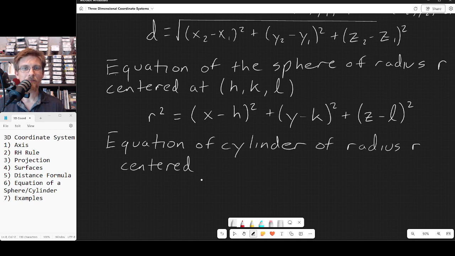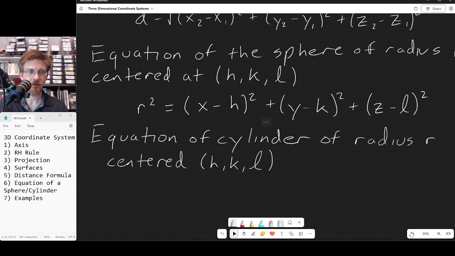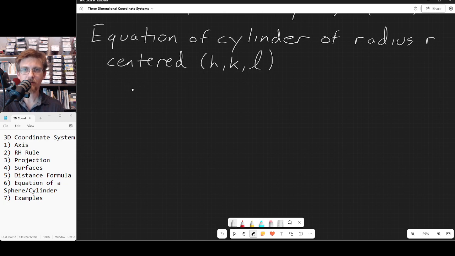So we are going to talk about it being centered, but one of the values isn't, well, yeah, it's going to be a little strange, but let's just write it down like this. So it's going to be centered at H, K, and L again. So now it's going to look like this.